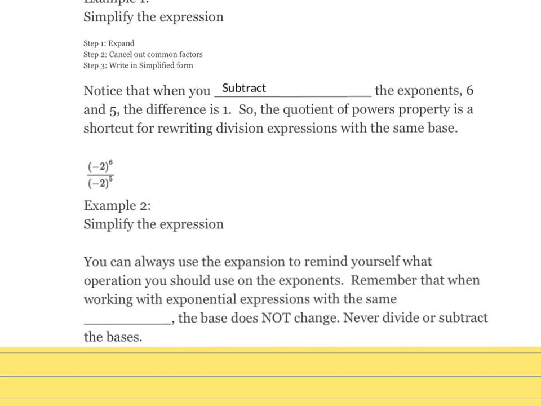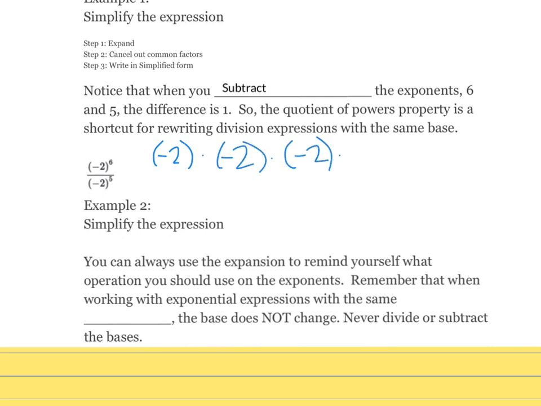Now let's look at a division problem when the bases are negative and there are exponents. Using the same steps that we followed up here, expand first. So let's write out negative 2 to the 6th power, which is going to be negative 2 times negative 2 times negative 2.